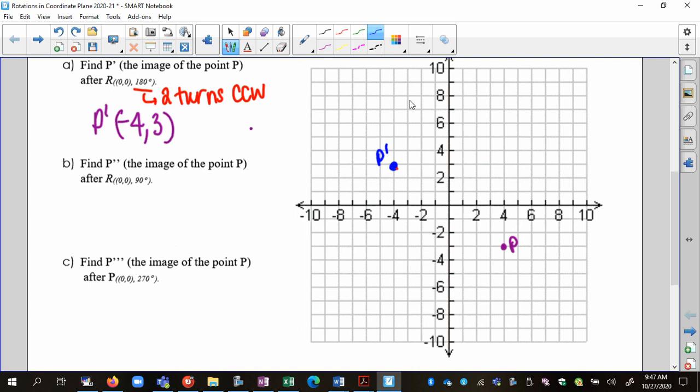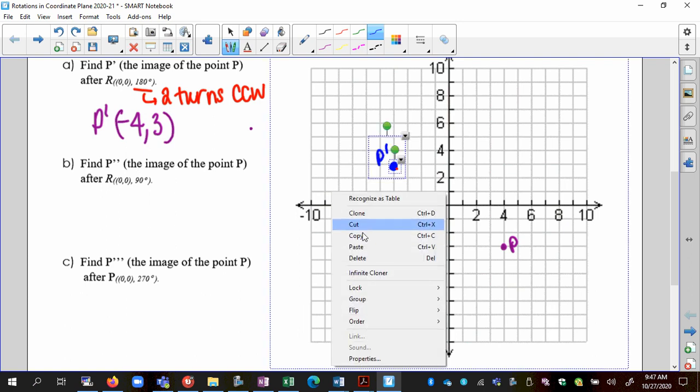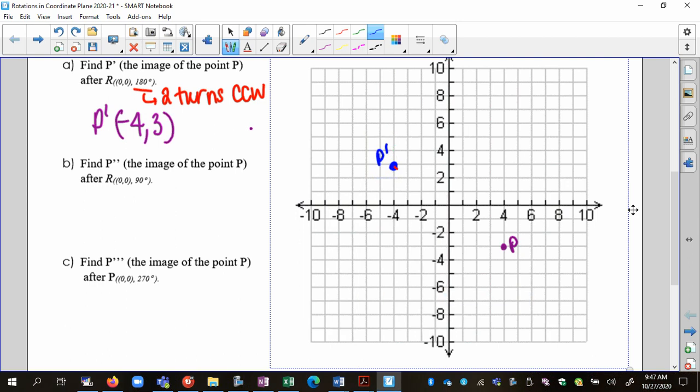So there's that one. Now I'm going to find P double prime, which is the image of point P. So notice we're going back to point P after a rotation of 90 degrees. I want to lock this one in place too because I just want it to all stay together here. So I'm using the original and I'm going 90 degrees.